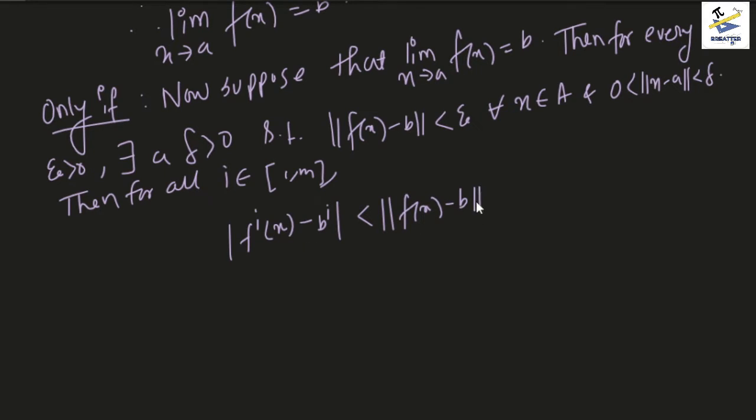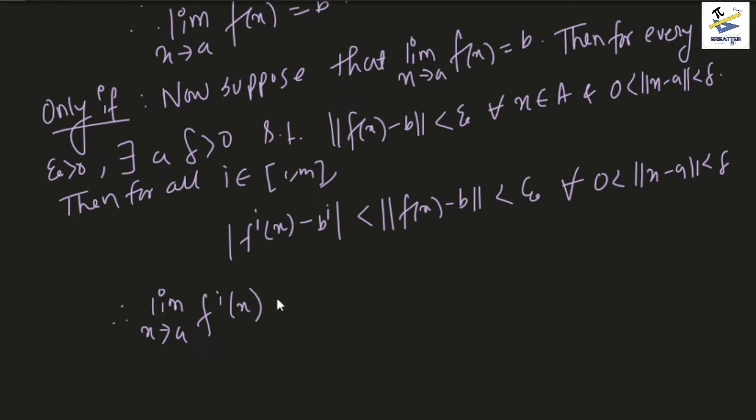It is less than epsilon for all 0 less than norm of x minus a less than delta, right? This means that therefore limit x tends to a, f_i of x equals b_i, thus proved. So it was a pretty well formed exercise actually.